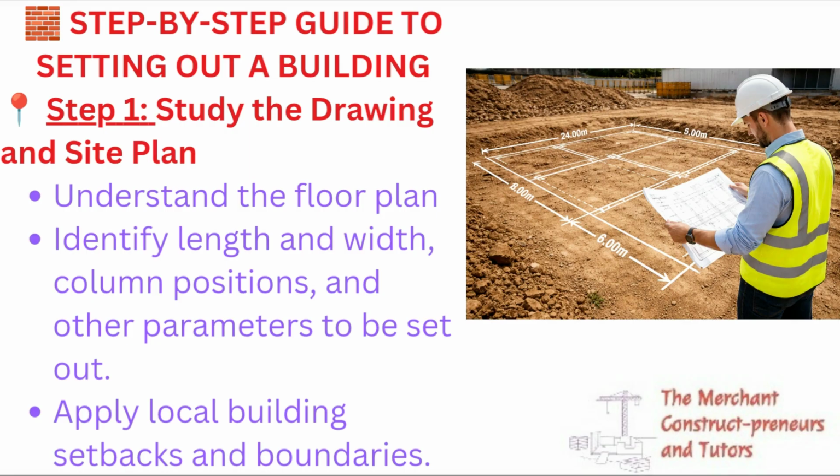So we're looking at a step-by-step guide to setting out a building. Number one, you study the drawing and site plan. Very important. You need to understand the floor plan, identify length, width, column positions, and other parameters to be set out, and the orientation too, right? Apply local building setbacks and boundaries. This is another important piece of information.